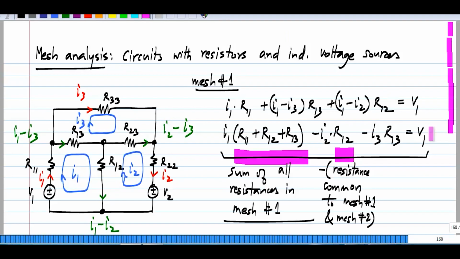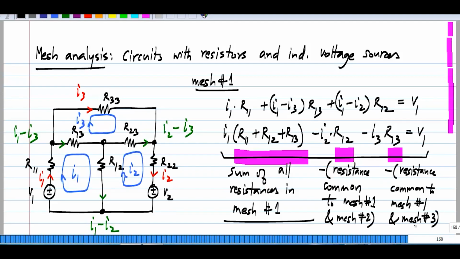And finally R13, what is that? That's the resistance common to mesh 1 and mesh 3, so the coefficient of I3 is the negative of the resistance common to mesh number 1 and mesh number 3.